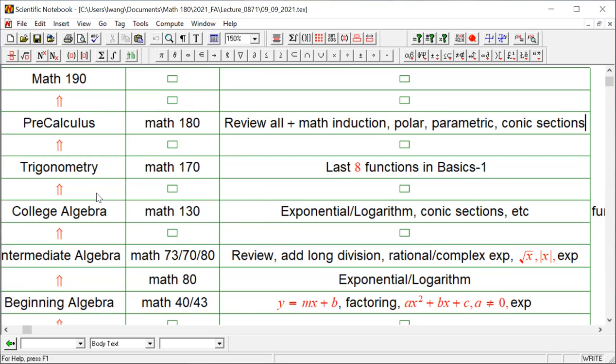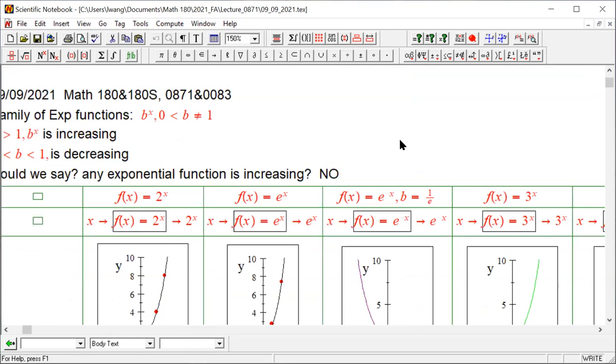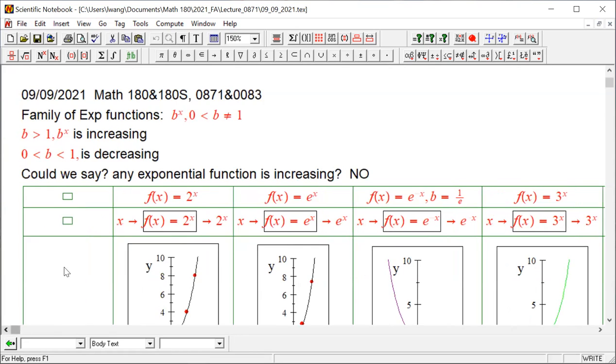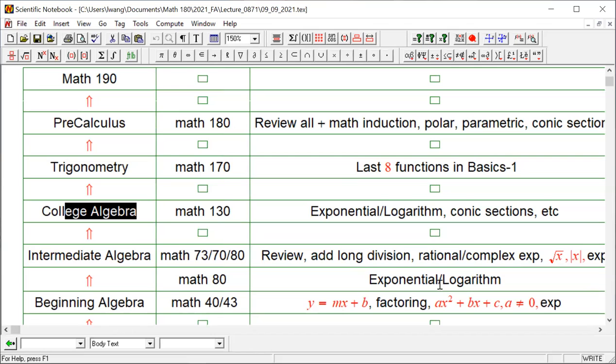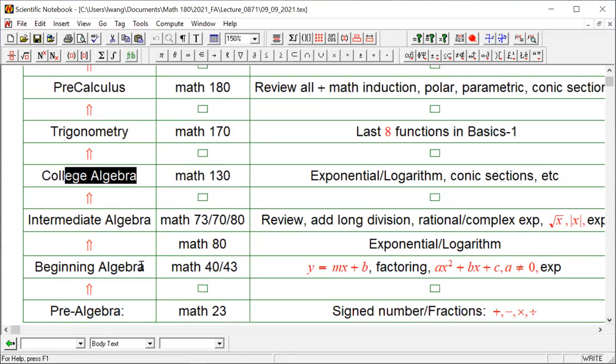In the olden days, you just took one course after another. When you took college algebra, I could assume you already knew the things you learned before. When you're taking beginning algebra, the professor can assume our students know how to add, subtract, multiply, and divide fractions.